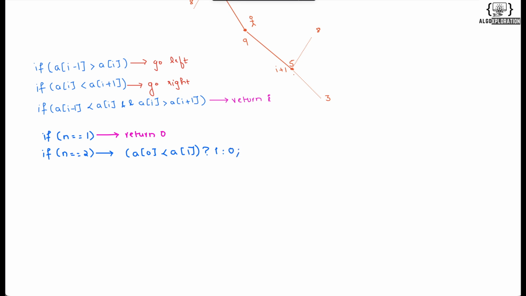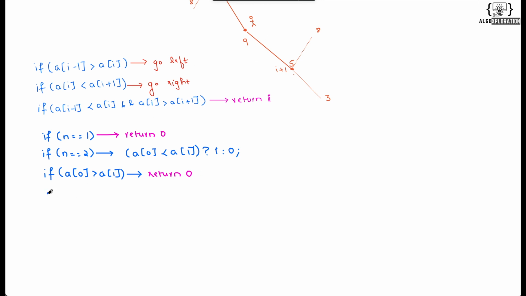But what if the length of an array is not 1 nor 2? Here also there are two cases. The first case will be if a of 0 is greater than a of 1. The value present at a of 0 is the peak, so return 0.